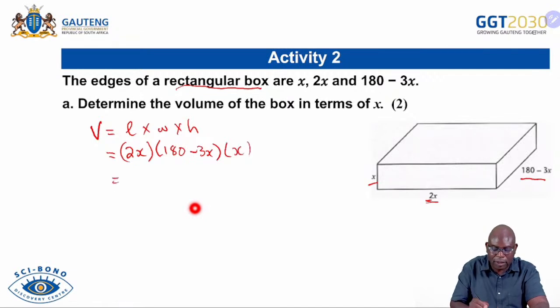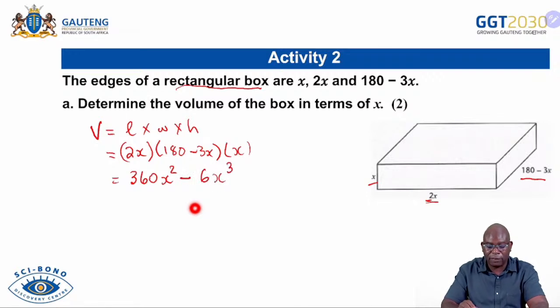Then we just multiply. So 2x multiplied by x will give us 2x squared. 2x squared multiplied by 180 will give us 360x squared. And 2x squared multiplied by negative 3x will then give us negative 6x cubed.